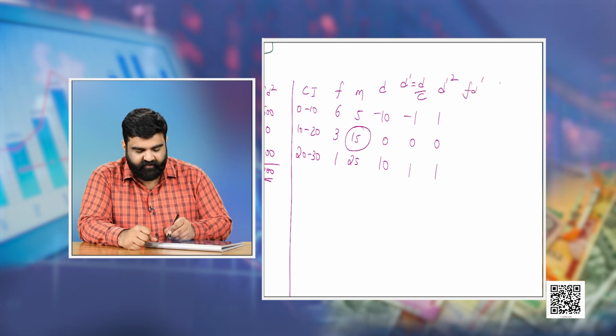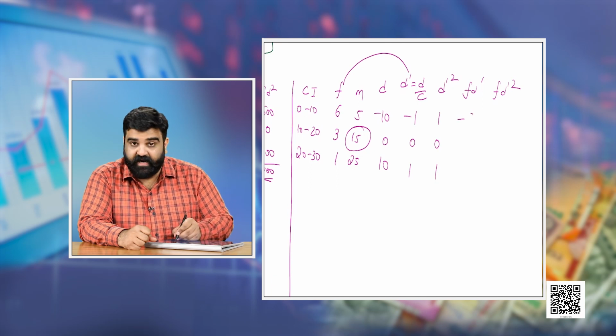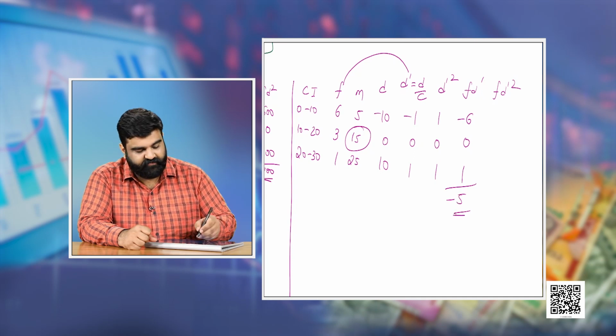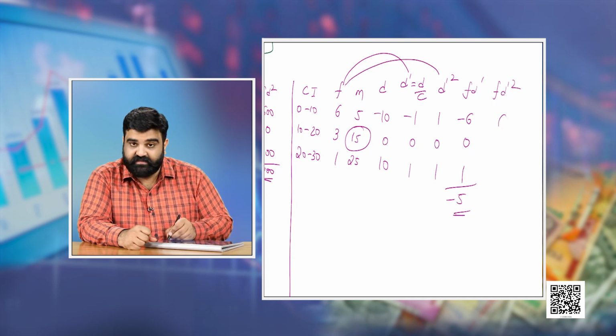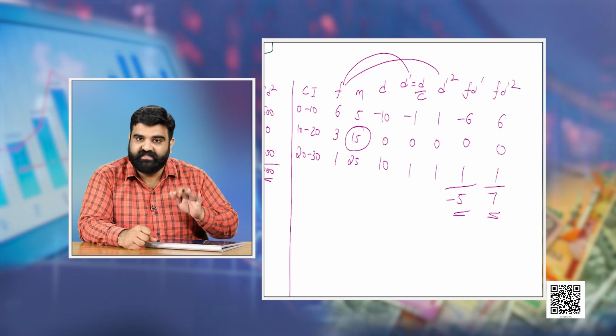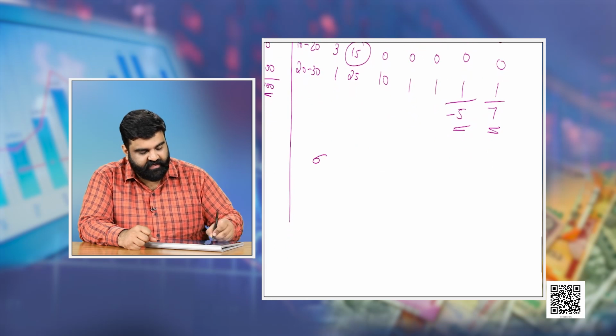Let us now calculate fd dash and fd dash square. So we have minus 6, 0 and 1. The total to this will be minus 5. And fd dash square, we have 6, 0 and 1. So the total to this will be 7. Now let us apply the formula.